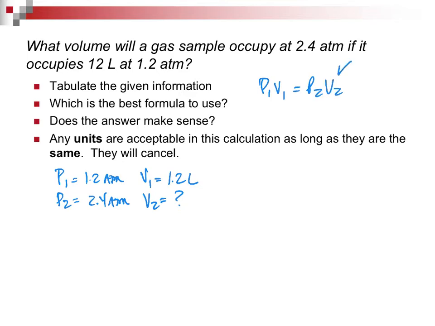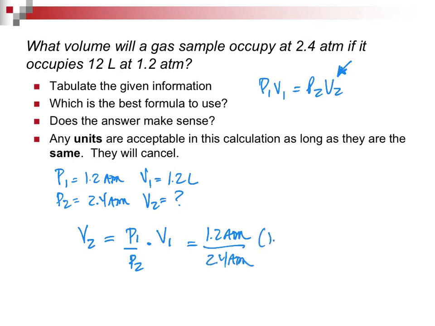What we want to do is solve that expression for V2. V2 is going to equal P1 over P2 times V1. So I'm going to substitute my values in. P1 is 1.2 atmospheres. P2 is 2.4 atmospheres.